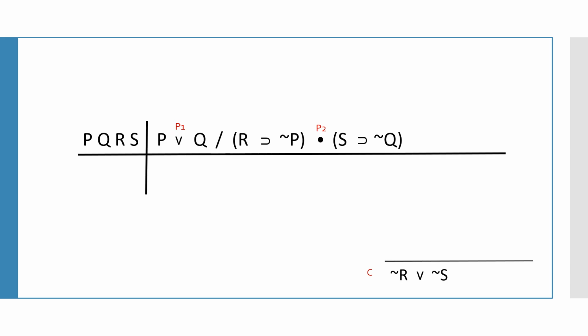Notice in the end, premise 2 is just an and claim. It's just a conjunction. Each conjunct is its own independent conditional statement, but in the end, the main operator here is just that dot. We want to separate both of the premises then from the conclusion with the double slash, and then throw the conclusion on the end. And of course, our main operator with this conclusion is a disjunction.